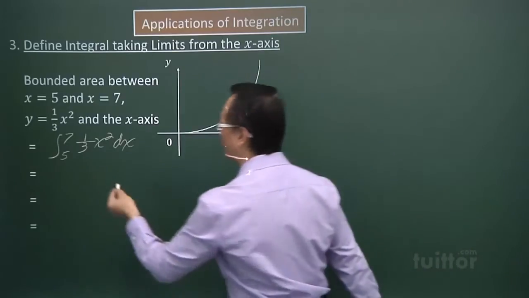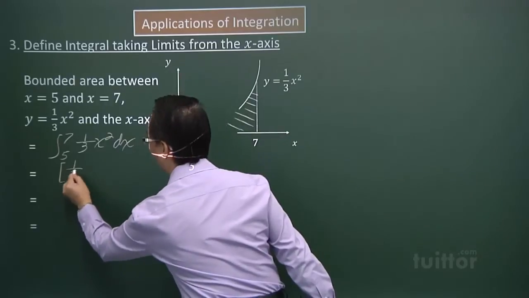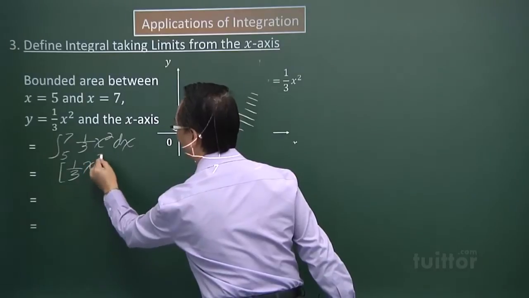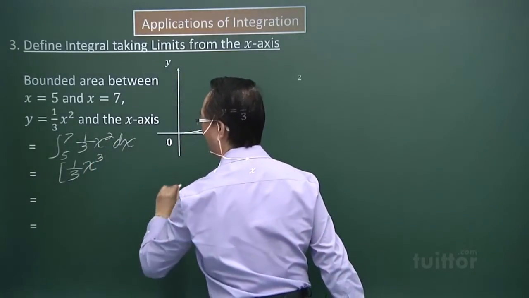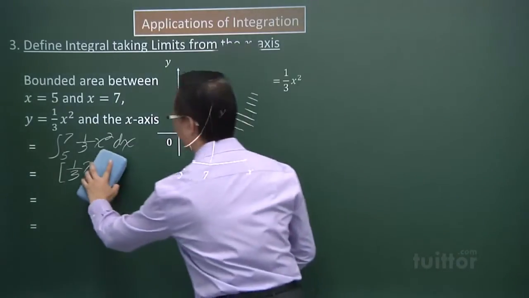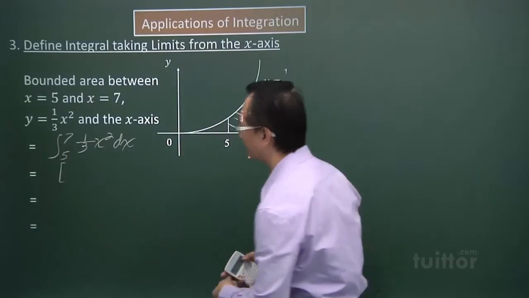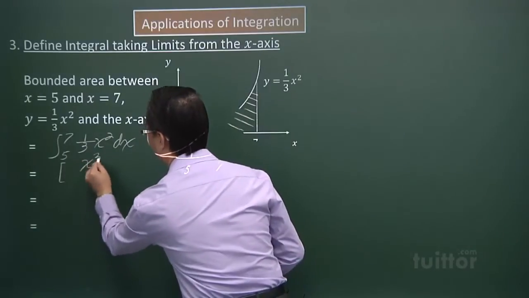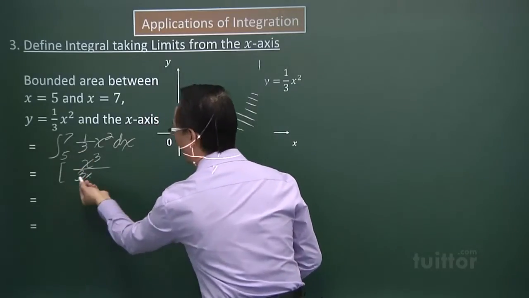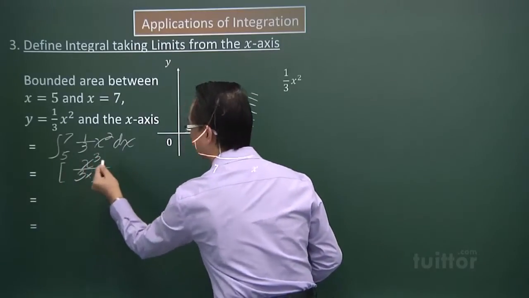Next step is to go over this integration. 1/3 x to the power of 3, I increase 1 there. So I'll write it this way in one fraction. So x to the power of 3 over, originally there is a 3. Now I divide the expression by a 3, the new index.